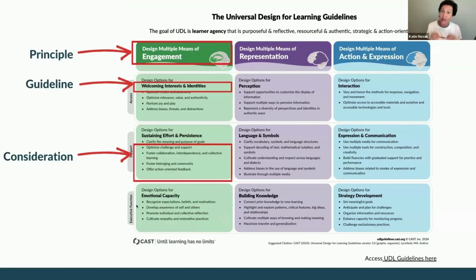So if three things have to be true for engagement, right? What is engagement? Engagement is feeling welcome, putting in effort, and having the emotional capacity to stick with things that are hard. Okay. What are the three biggest barriers to engagement?